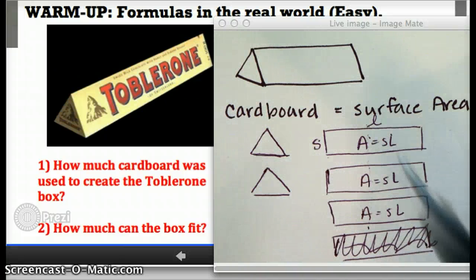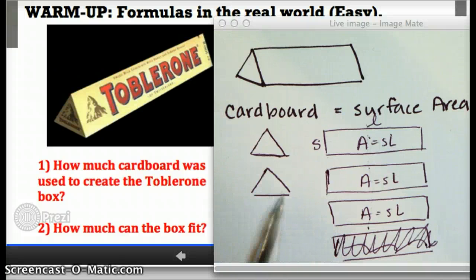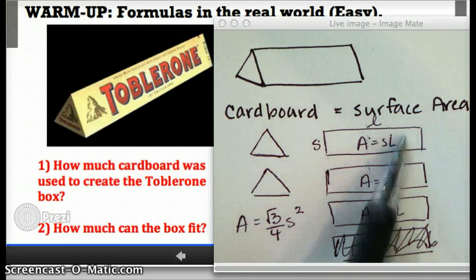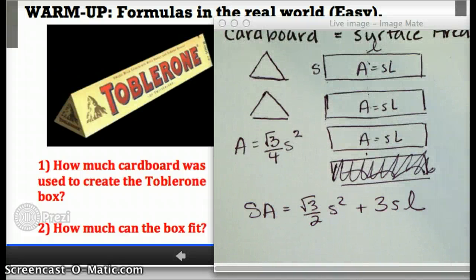We can just then add those up. We get 3 times SL. And then we have to add that to 2 times the area of these triangles. Each of the triangles' area is root 3 over 4 s squared. And so if we add 2 of those and 3 of these, we get this surface area formula, which looks like that.